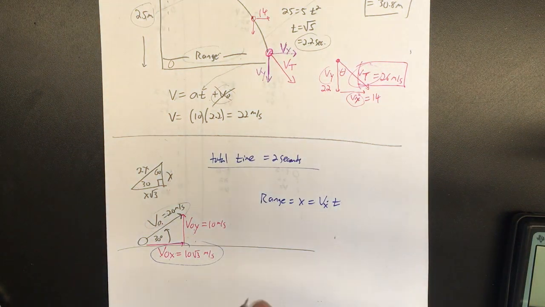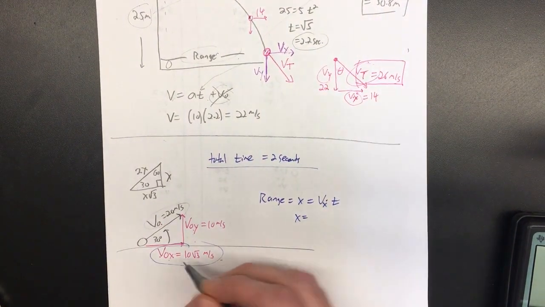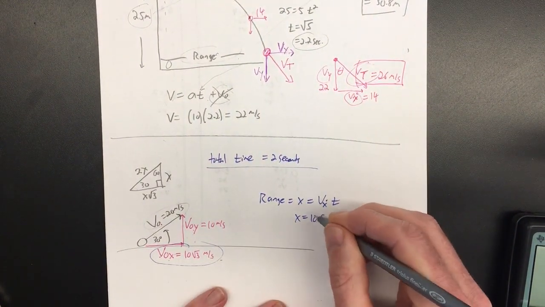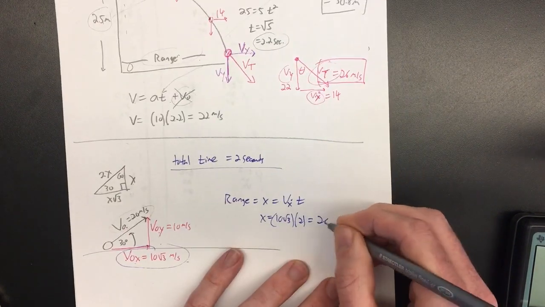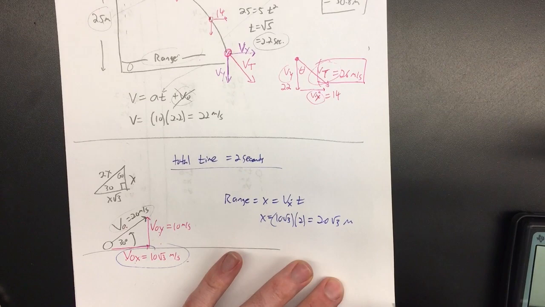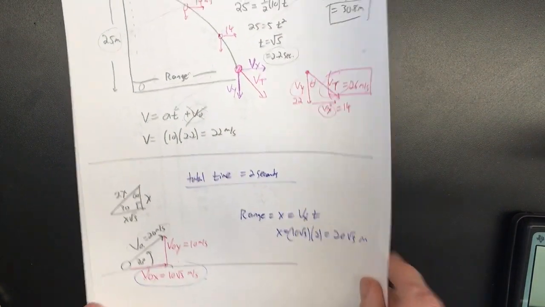So x equals 10√3 times the time of 2 seconds. So that's going to be 20√3 meters. Now that wasn't one of the problems, so that was just a little bonus for you all. Okay, let's move over here and talk about actually problem number 6 now.